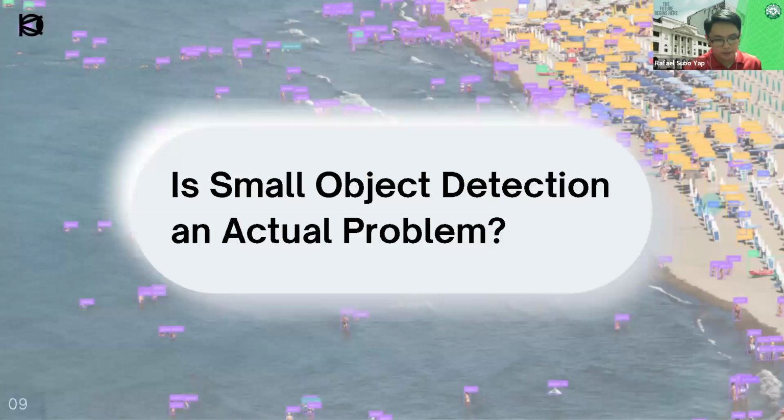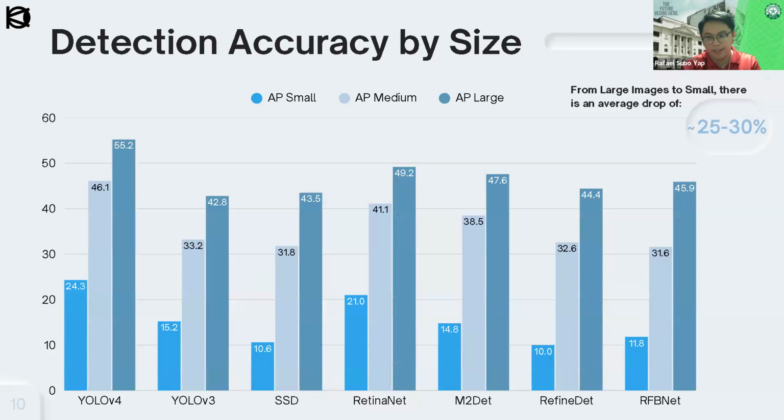So now we talked about the background and the applications. Let's talk about whether small object detection is an actual problem. To show that it is, let me show the problem in numbers. This chart shows the average precision for small, medium, and large objects, AP small, AP medium, and AP large, across popular detectors like YOLO V4, SSD, and RetinaNet.